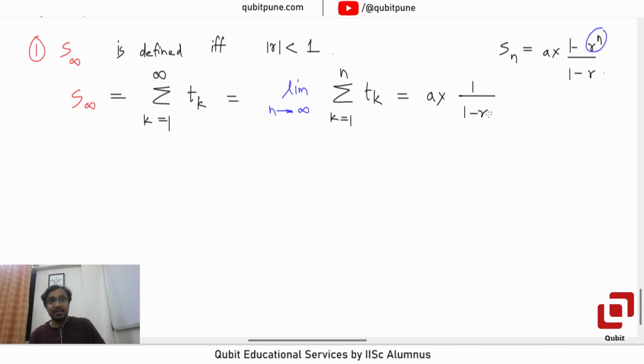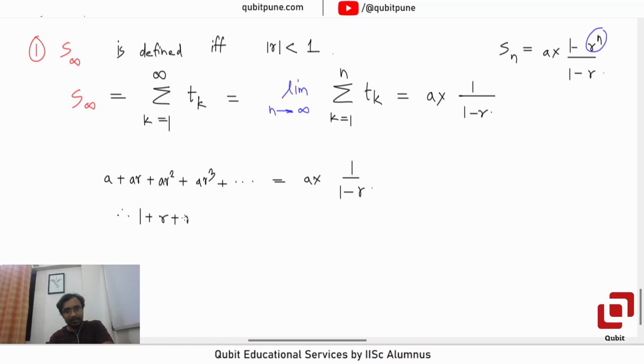Now this result has a special significance which you may be knowing. S infinity is essentially a into 1 upon 1 minus r. And if we cancel a, what are we getting?